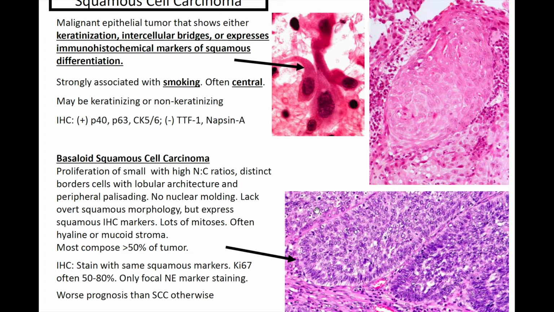So you're going to see lots of mitoses and often hyaline or mucoid stroma, and most comprise above 50% of the tumor. So on IHC, it's going to stain with some squamous markers, and the Ki67 is often 50 to 80%, with only focal neuroendocrine marker staining. And basaloid squamous cell carcinoma actually has a worse prognosis than squamous cell carcinoma otherwise.